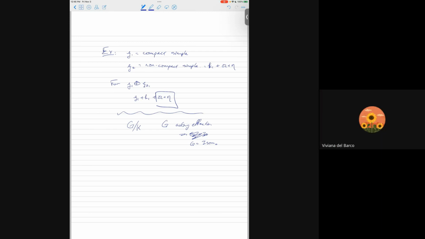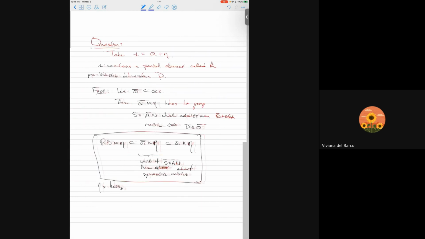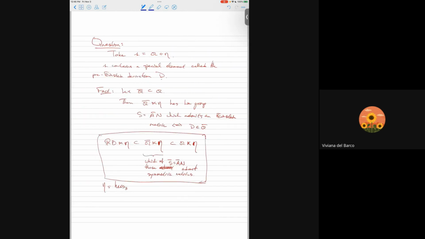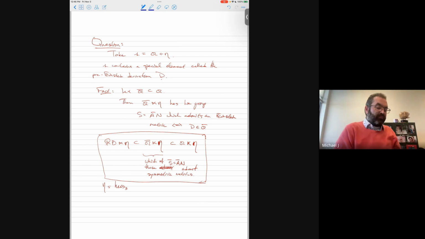Could you come back, please, to your question? I didn't understand very well what A bar is, because you have N and you have D, and then you ask for an A bar intermediate with A. So what is this A bar?